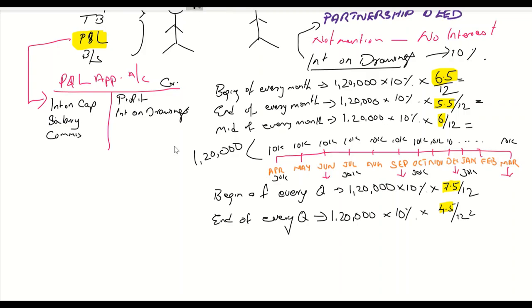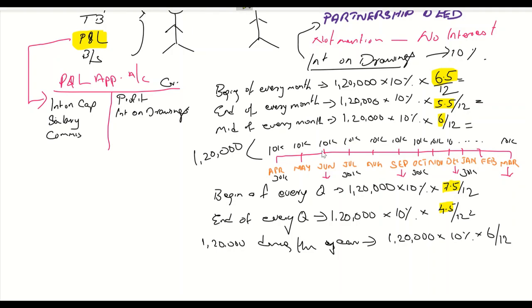Now, if the question is silent, the question just says that the partner made a total withdrawal of 1,20,000 during the year. If it is mentioned during the year, we will assume that the withdrawals happened in mid-month, and we will calculate it for 6 months.